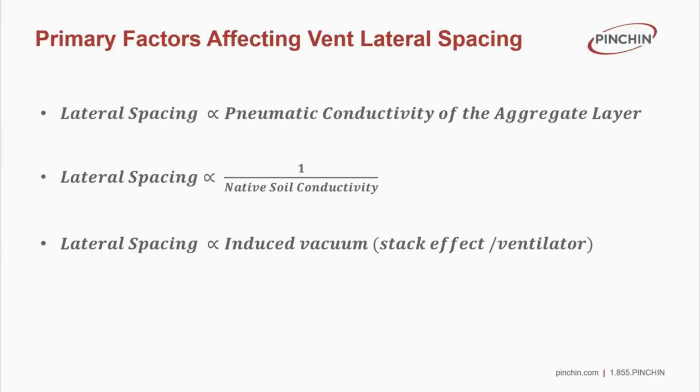And it is inversely proportional to native soil conductivity. This is something most often we don't pay as much attention to, which needs to be paid attention to, is that the tighter the native soil, the farther away can be the spacing, and the more conductive the native soil is, the closer needs to be spacing.